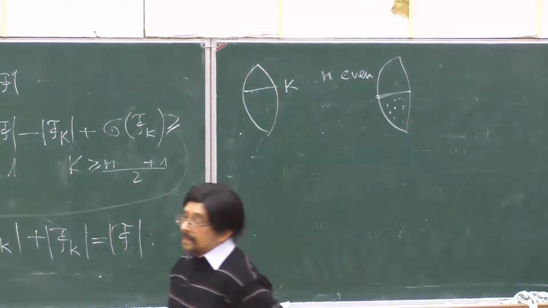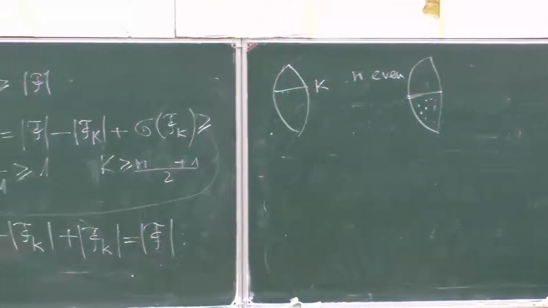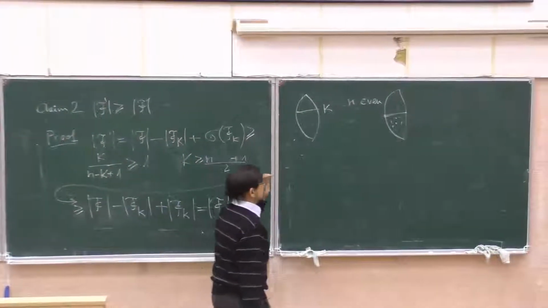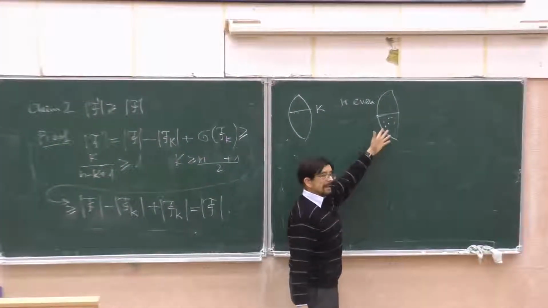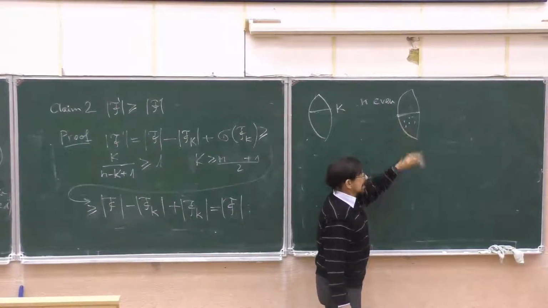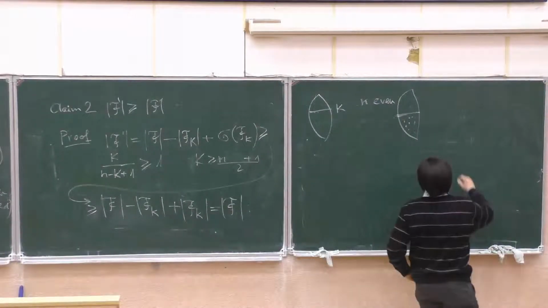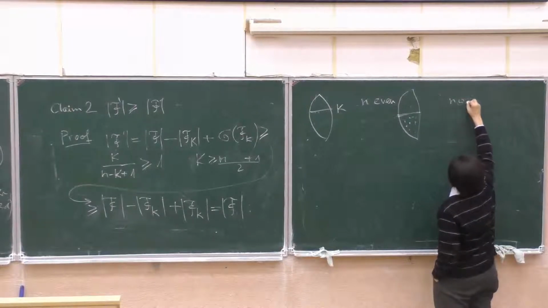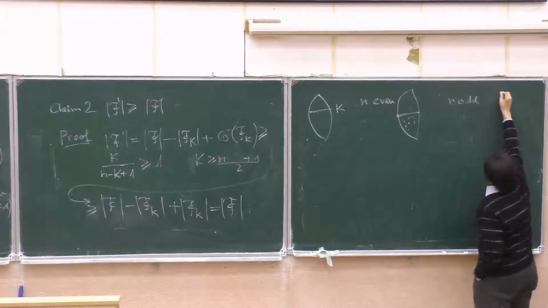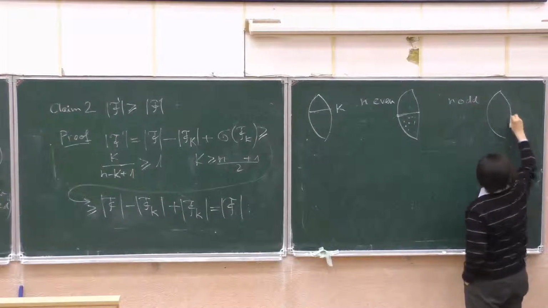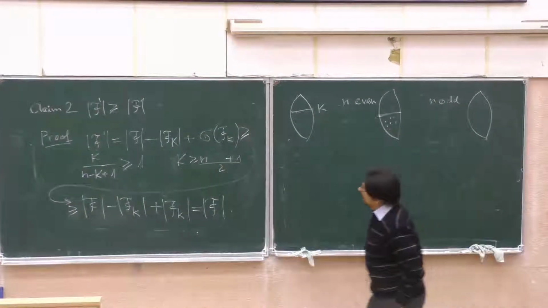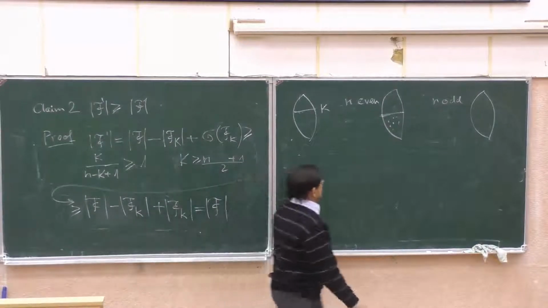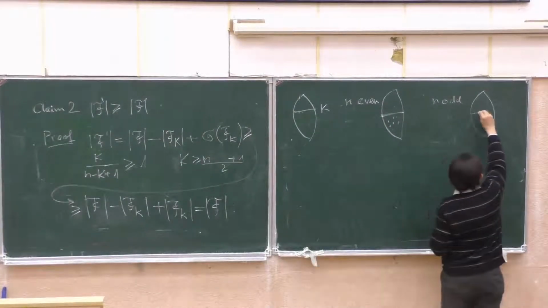So we have a bigger or equal family satisfying the conditions, and everything is here. And if n is odd, then it's a little different, because we can go even a little bit down.